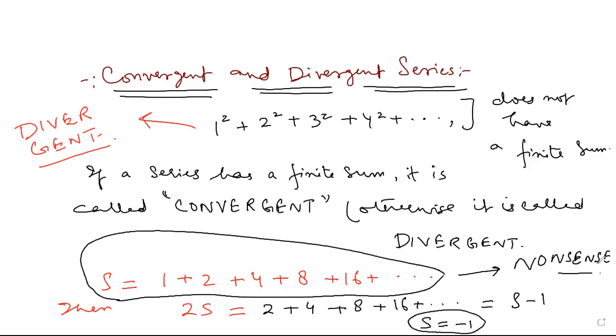So you can see what can happen when we apply ordinary algebra to a divergent series. So it is important to check the convergence of a series before applying any algebra to it, right?